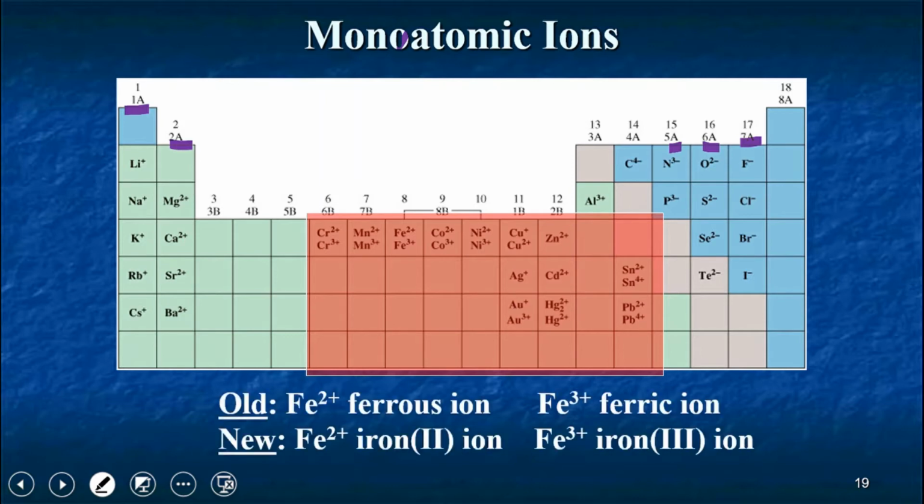Right now, the way I taught you how to do the names of these ions is by writing the name of the metal followed by a parenthesis and the Roman numeral that corresponds to the charge.